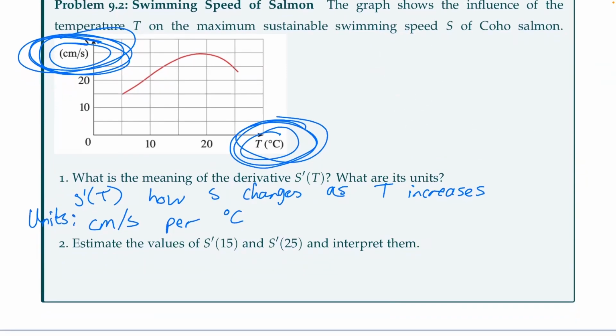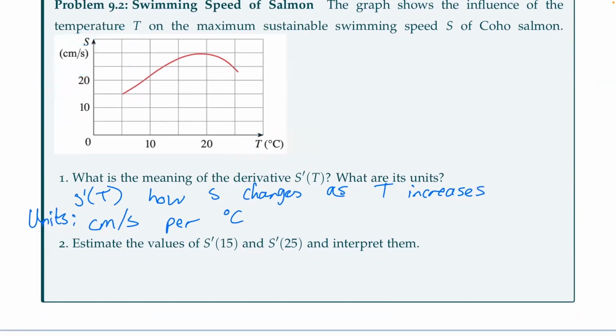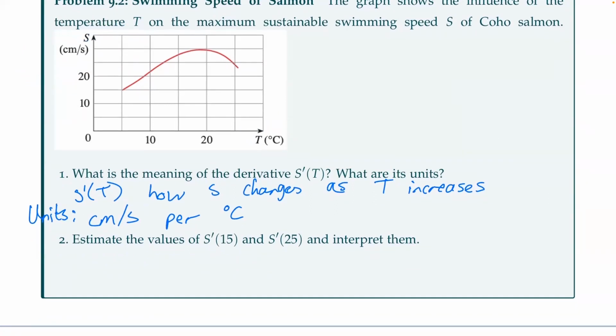Now we're asked to estimate the values of our derivative at 2 points, when t is 15 and t is 25. So I want you guys to have a go at doing that. Remember that our derivative is defined to be this.